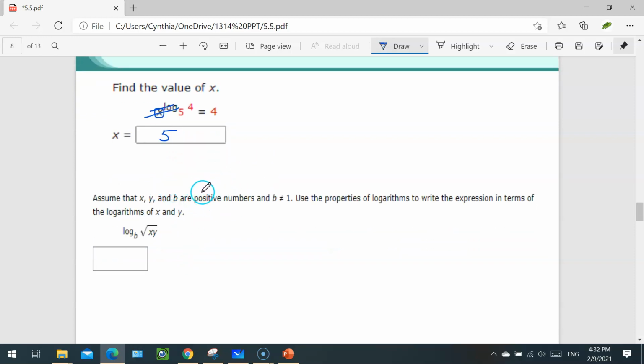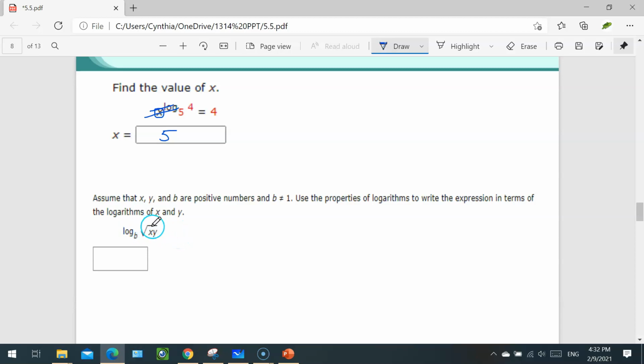Assume x, y, and b are positive numbers, b not equal to 1. Use the properties of logarithms to write the expression in terms of the logarithms of x and y. So we need to apply the logarithm properties to expand this expression.